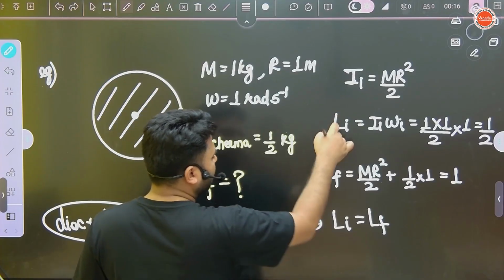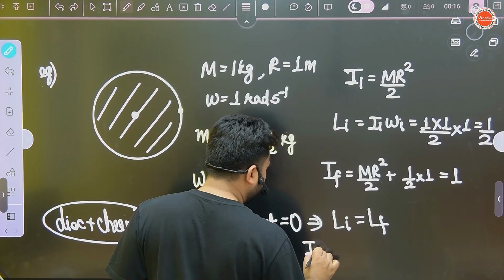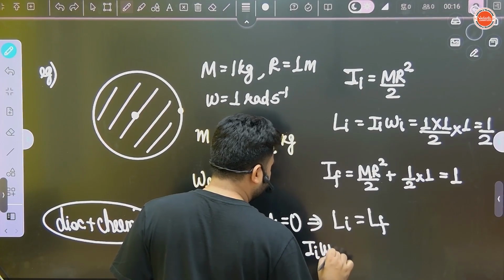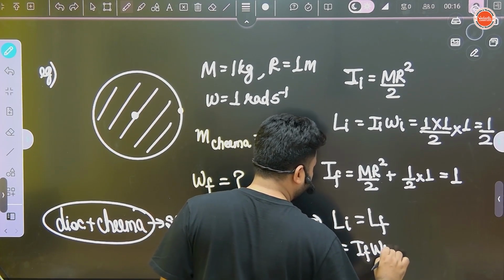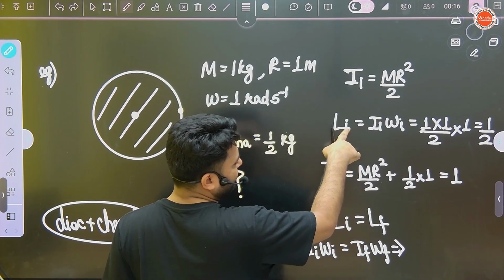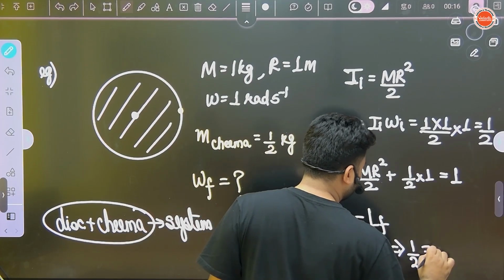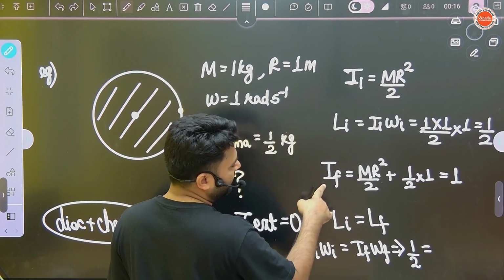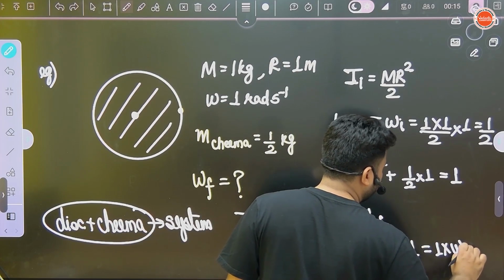Now what I am saying is, L initial equals L final, means I initial omega initial equals I final omega final. I initial omega initial is coming 1 by 2, equals I final, which is coming 1, into omega final.